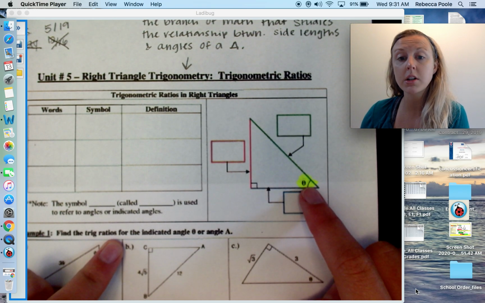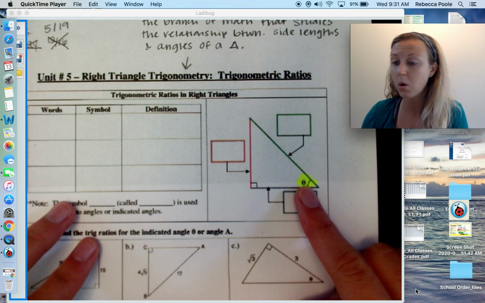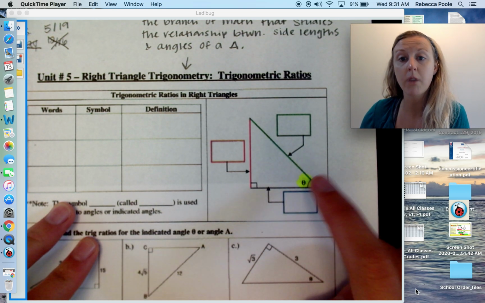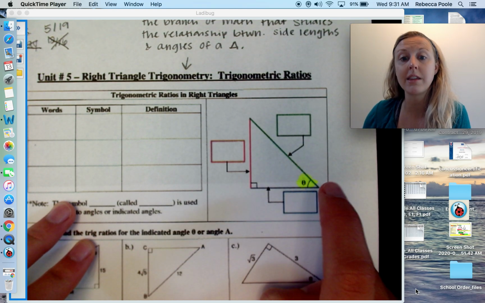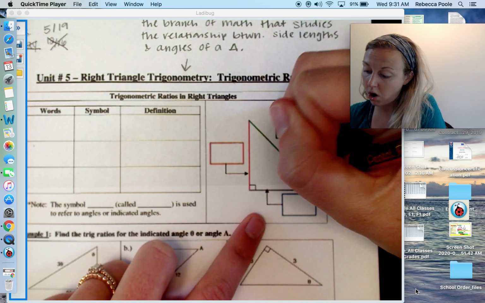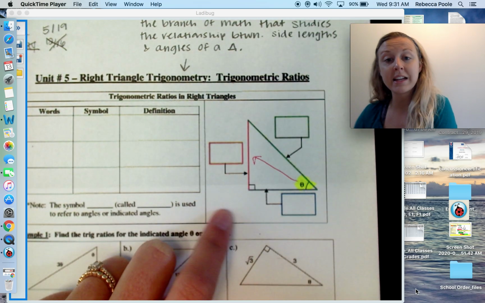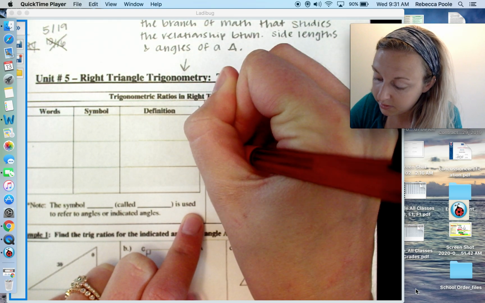But they've marked theta, which basically is just a variable for an angle. They've marked this angle right here. So in correspondence to this yellow angle, the side that is all the way across from it and doesn't touch it, that's called the opposite side.